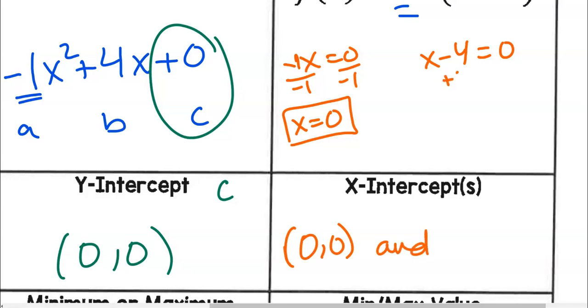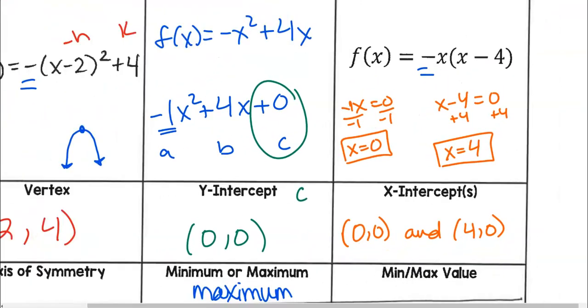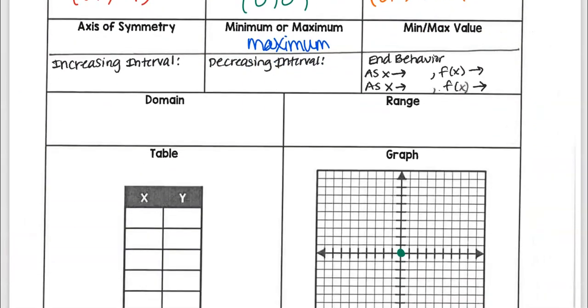And my other one is going to be +4. Okay. I'm going to go ahead and plot those. Is that okay? Okay. 0, 0, and 4, 0.